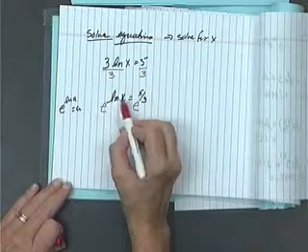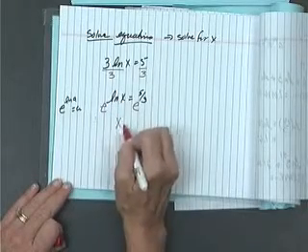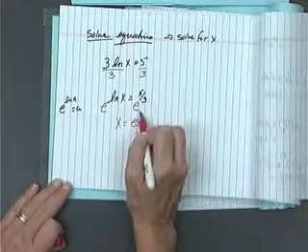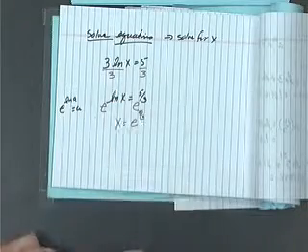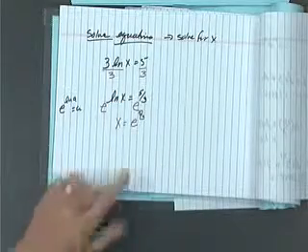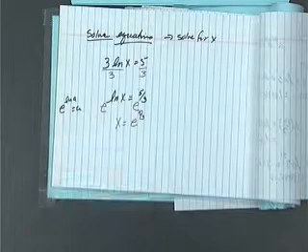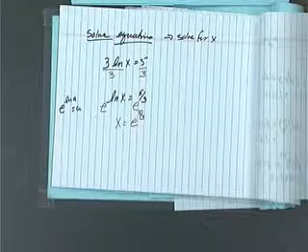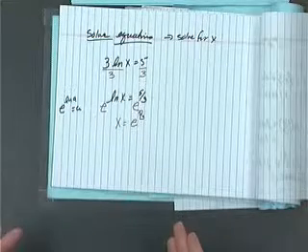So e raised to the natural log of x is x. So x is equal to e to the 5/3. So when you have a logarithmic equation, in order to get to the variable, you have to do the inverse function, which is exponentiate.